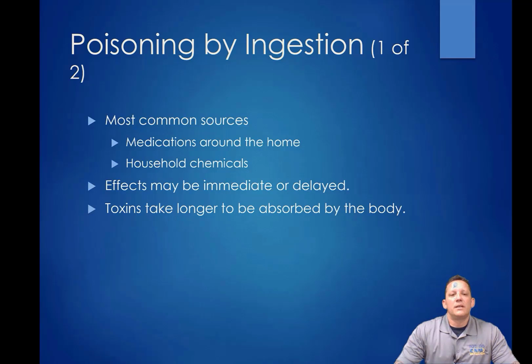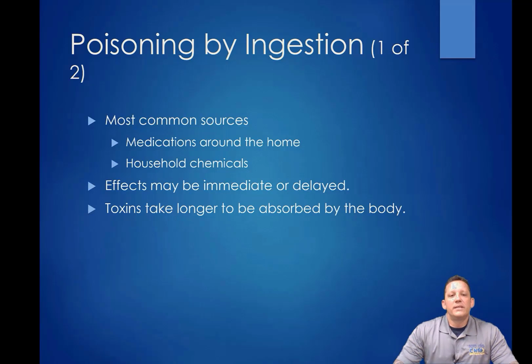This could be what would be thought of as benign medications such as antacids, Tylenol, or ibuprofen. Or even simple household chemicals when mixed inappropriately or without the required ventilation to use that particular chemical.